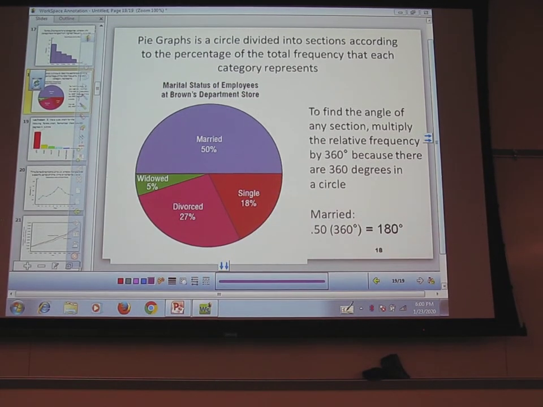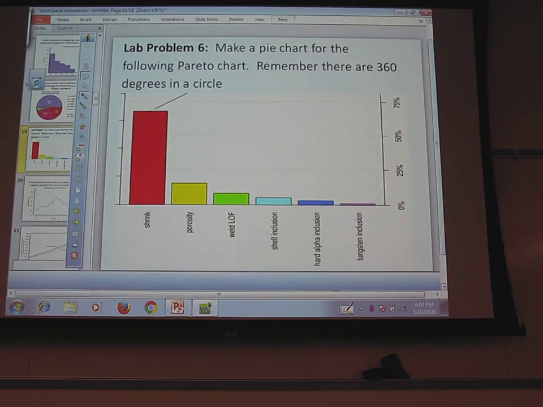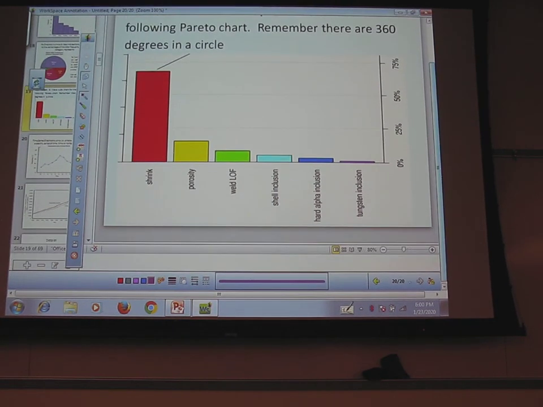So what I want you guys to do next, for lab problem 6, is let's agree upon what percentages we think each of these things are. That would just make things easier for people, I think. So porosity, this first one here, we need to arbitrarily decide what percent that is. 15%?